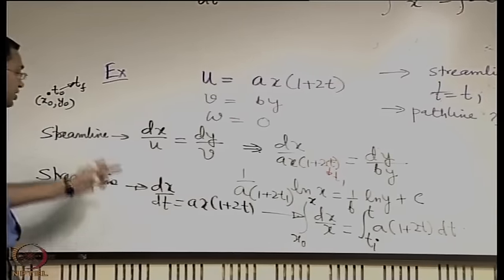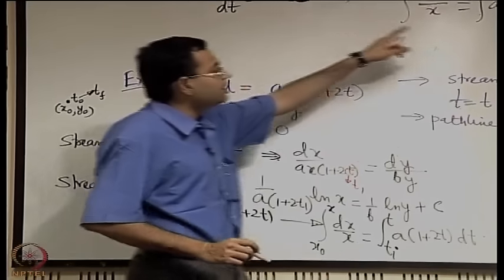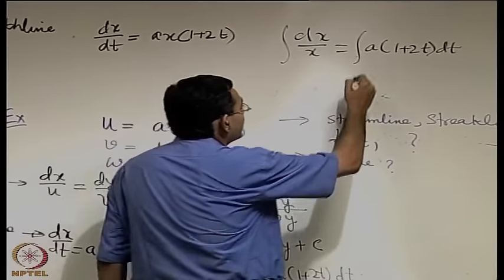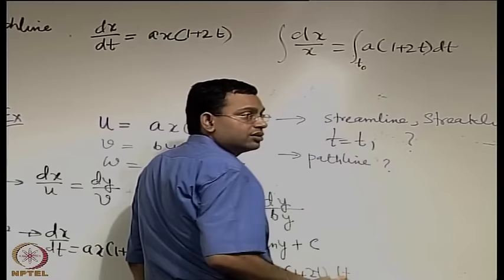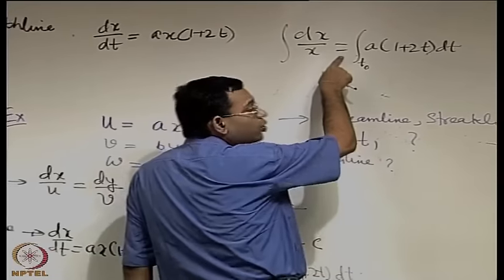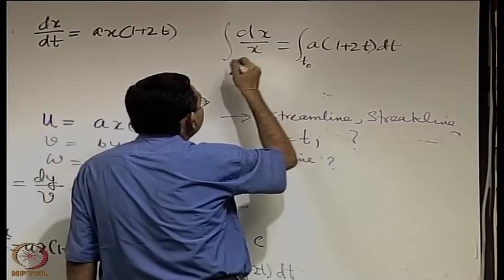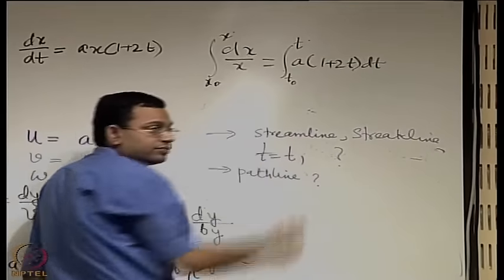When you are considering the streak line, you have to keep in mind one important thing, that importance will be clear when you write the integration here. So when you write the integration here, the time is equal to t naught, because you are finding the locus of the particle when you are talking about the path line. So at time equal to t naught x equal to x naught, at time equal to t x equal to x.